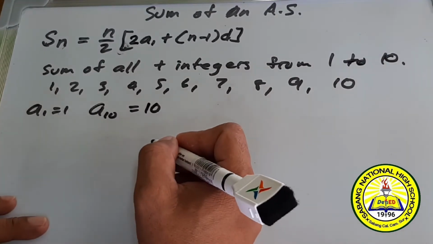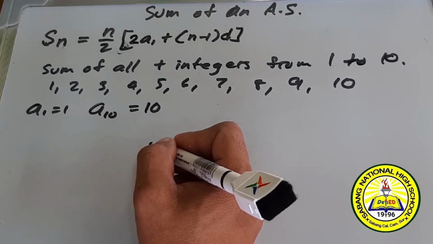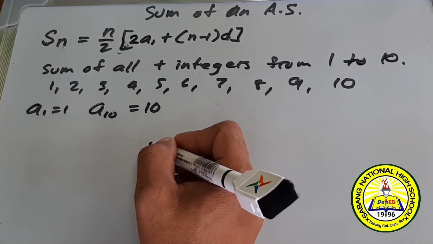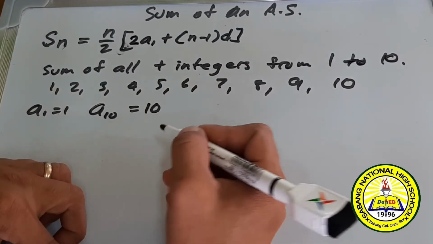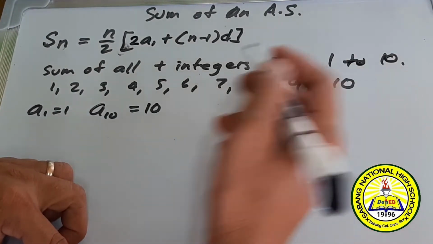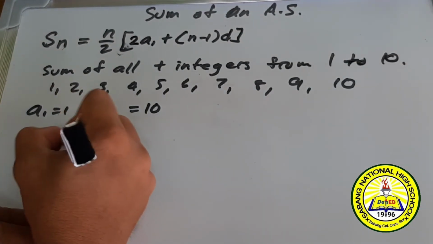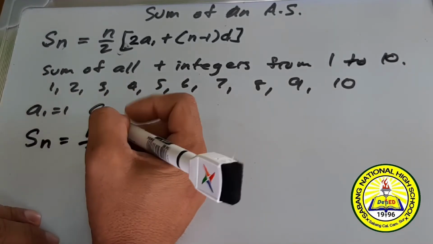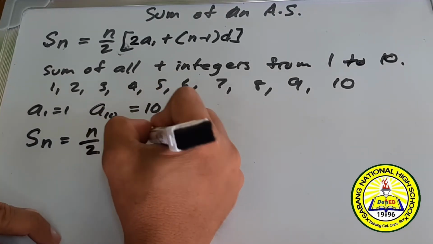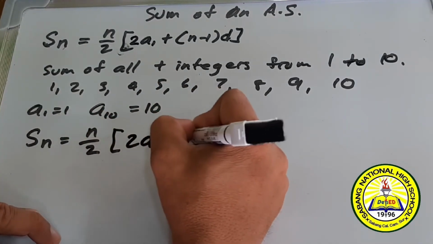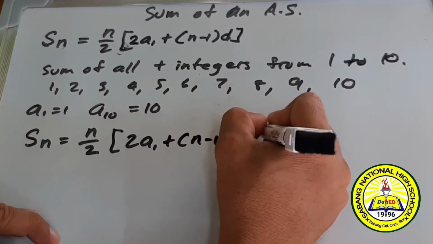So what is the sum of the first 10 integers? The sum of all positive integers from 1 to 10. Okay, so by the formula, S sub n is equal to n over 2 times the quantity 2 a sub 1 plus n minus 1 times the common difference.